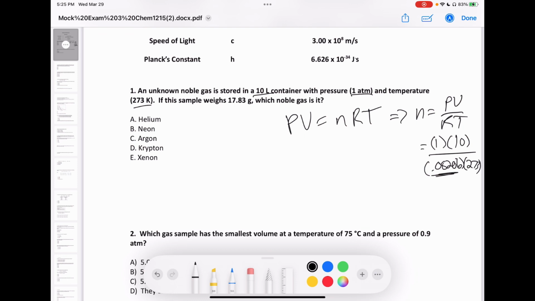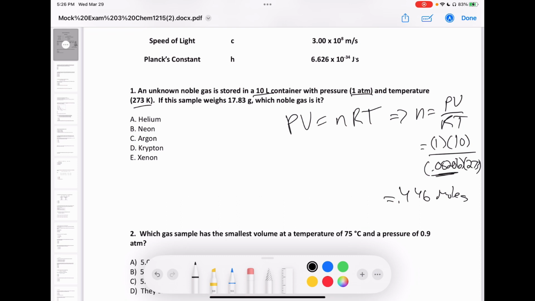Okay, so doing that calculation, 10 over 0.08206 times 273, which gives us 0.446 moles of this gas.